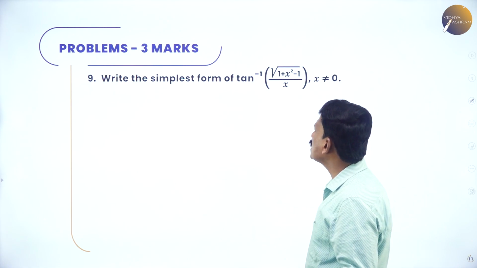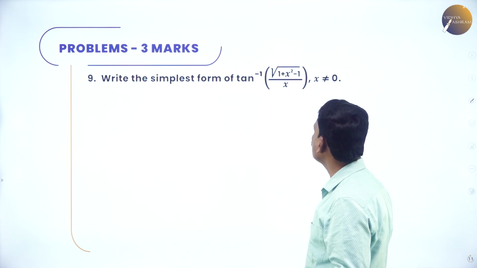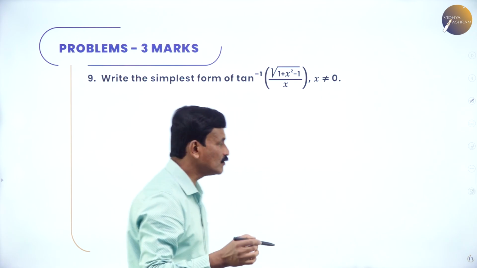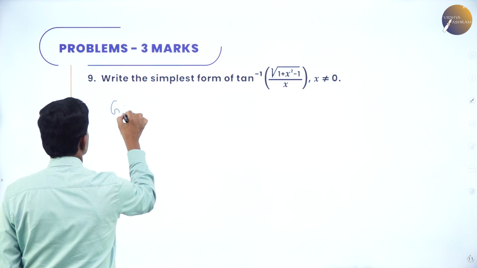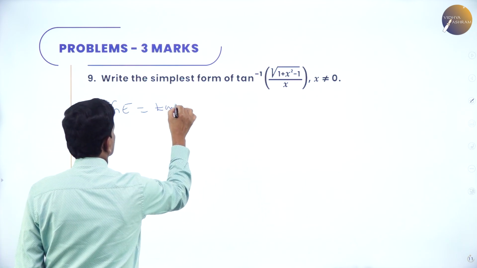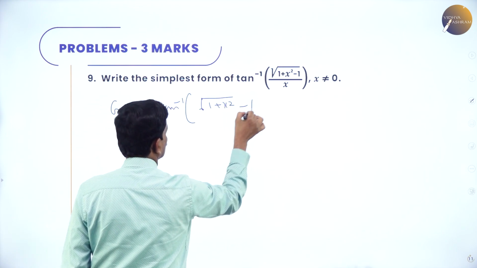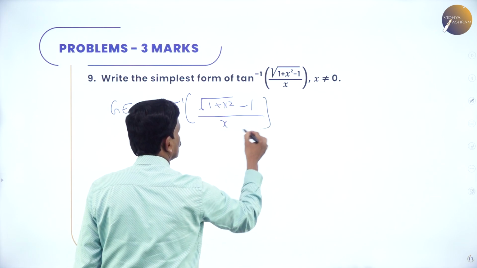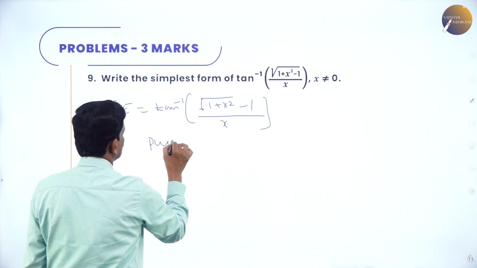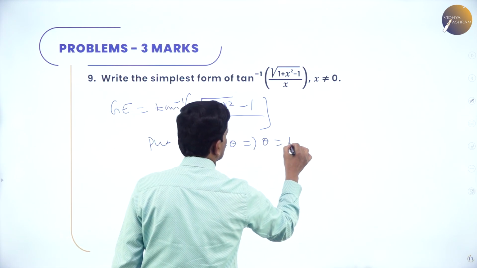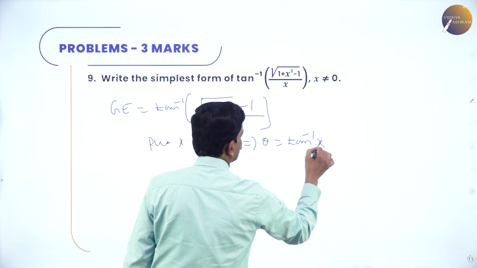Same type. Write the simplest form of tan inverse of root of 1 plus x square minus 1, divided by x, where x is not equal to 0. Now what is the given problem? Actually the given equation is tan inverse root of 1 plus x square minus 1 divided by x. Now put x is equal to tan theta, which implies theta is equal to tan inverse of x.